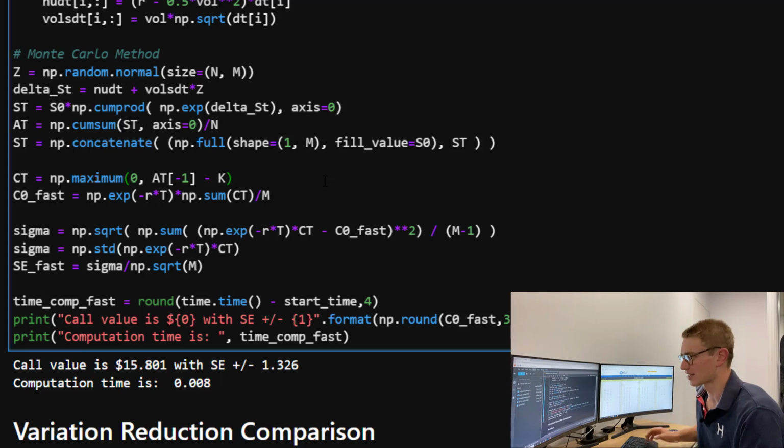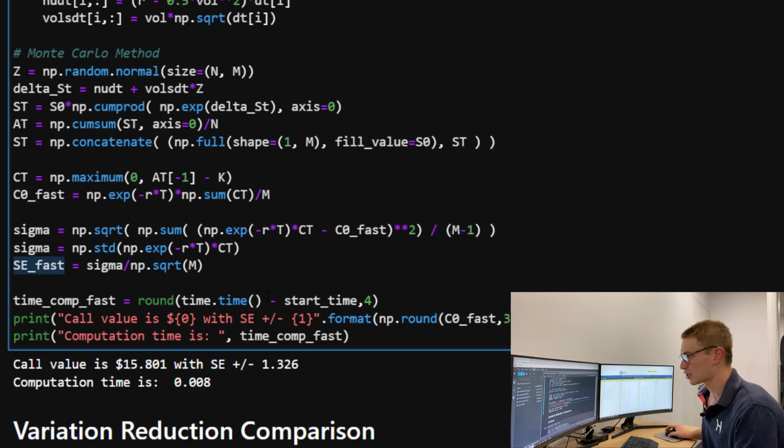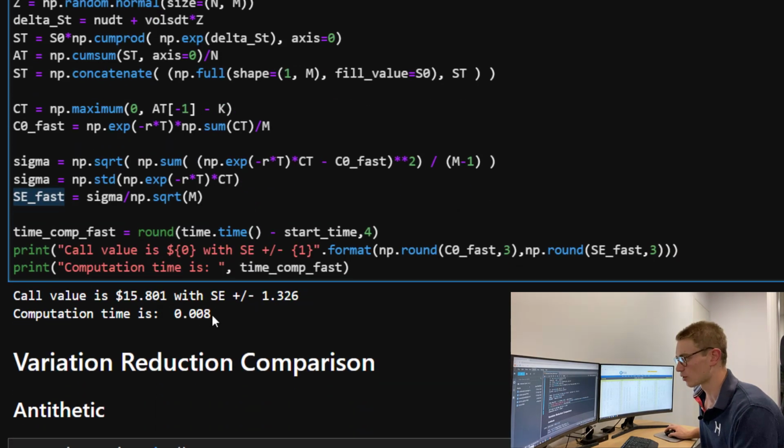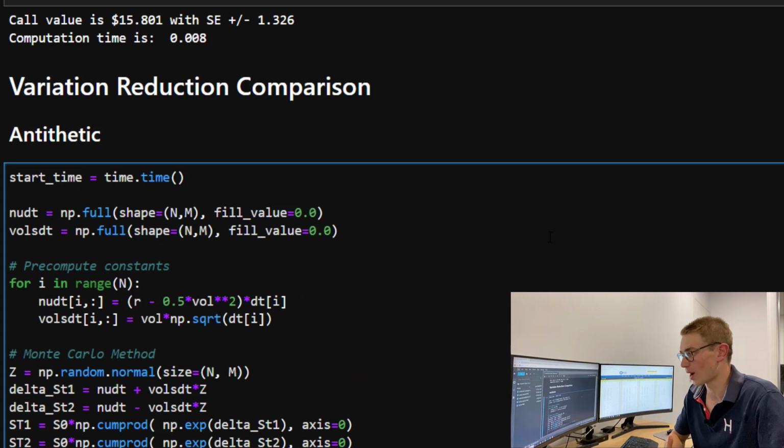So now for all our simulations, we can use the NumPy maximum between 0 and then our final index time arithmetic average minus K. We can then compute the discounted expectation of this payoff and then the standard error. So as you can see, we've got 15.8 with a standard error, same as before, it's just been computed faster at 0.008. So now we're going to be looking at ways that we can complete variance reduction techniques on this Monte Carlo simulation.